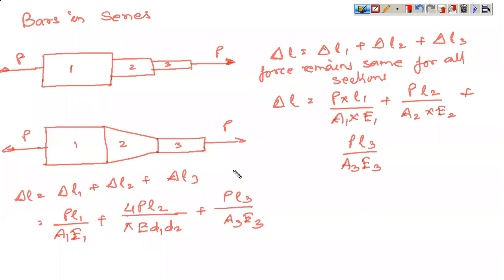So what is D1 D2 here? This diameter will be called D1, this will be called D2. So if you look at this entire structure, this area becomes pi by 4 D1 square. This A3 becomes pi by 4 D2 square. Okay. And you can put down all other values and calculate the value of delta L.